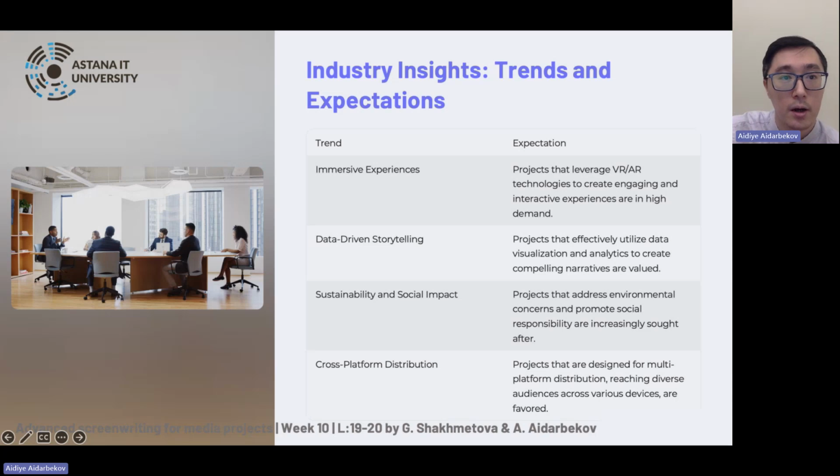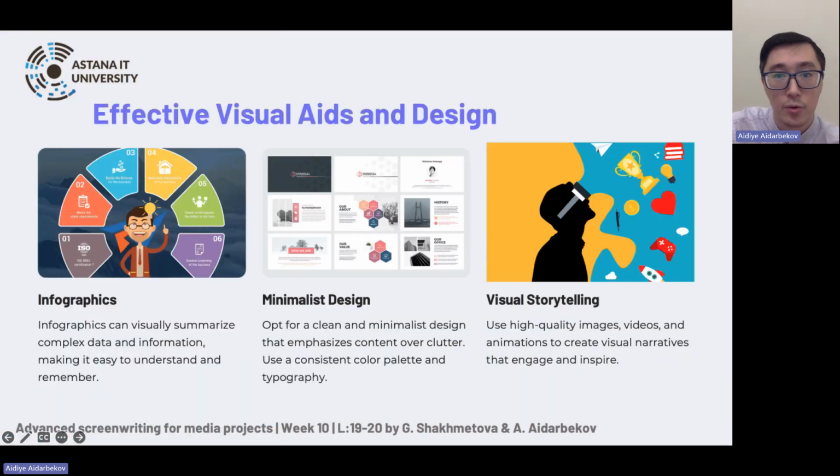Okay, let's move on. Effective visual aids and design. So what can we do in terms of visualistics and design? Here, for sure, we can include, as we previously discussed, data-driven storytelling. How can we show it?